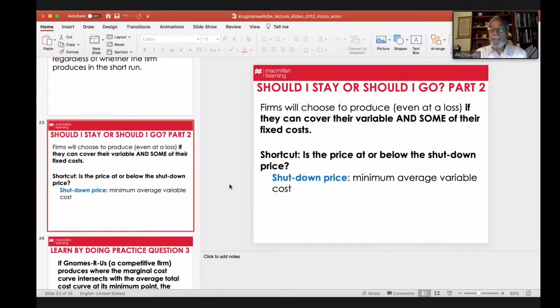If you have a way of becoming more efficient by lowering your costs, you can stay in business. But if you cannot even cover the minimum average variable cost, then every unit you sell, you're losing money on it. Then it makes no sense to stay in business. Economics will say that then you should get out of business.